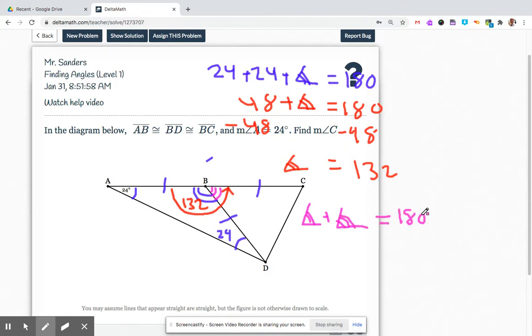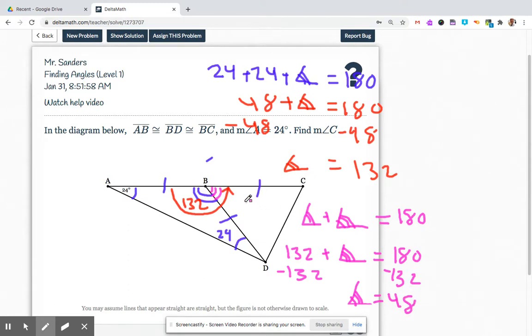They're supplementary. They're on the same line. The double angle is 132. Plus the triple angle, the one we're looking for, is equal to 180. Minus 132. So this is 48. Triple angle is 48.